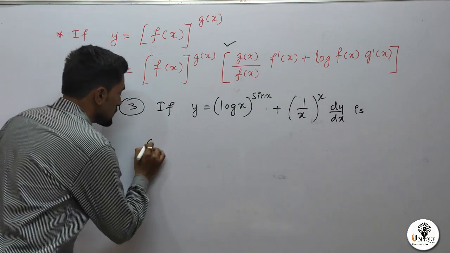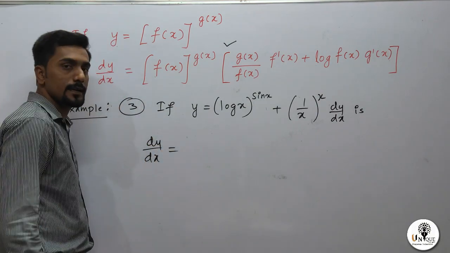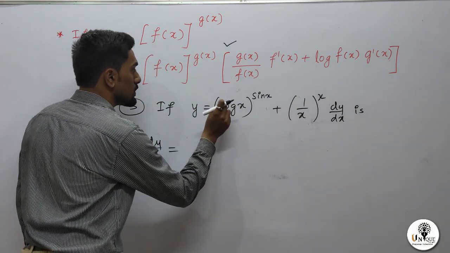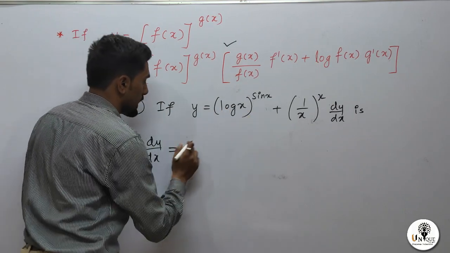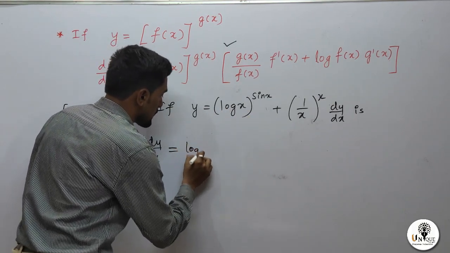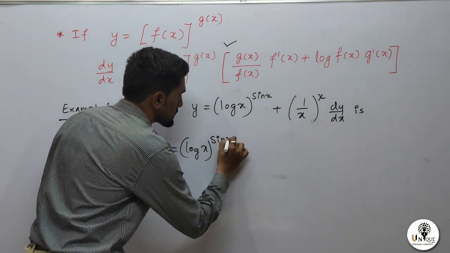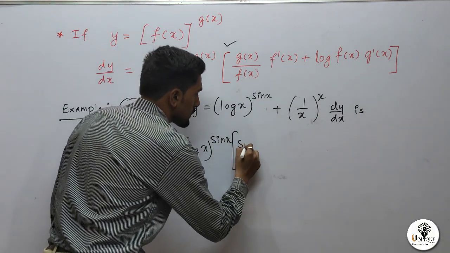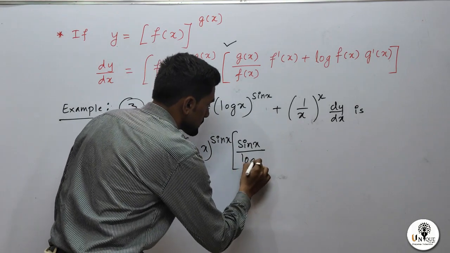So to differentiate, I will write dy by dx equals, by applying this formula, what is the answer for this log x raised to sin x? I will keep the function as it is, log x raised to sin x inside the bracket, power sin x divided by log x.